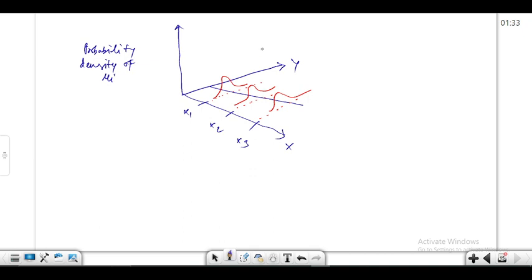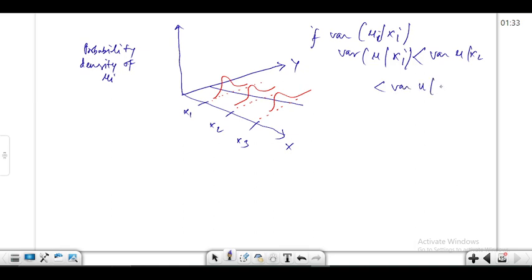This is simply because, if the variance of ui given xi, say the variance of u given x1 is less than the variance of u given x2, which is less than the variance of u given x3.